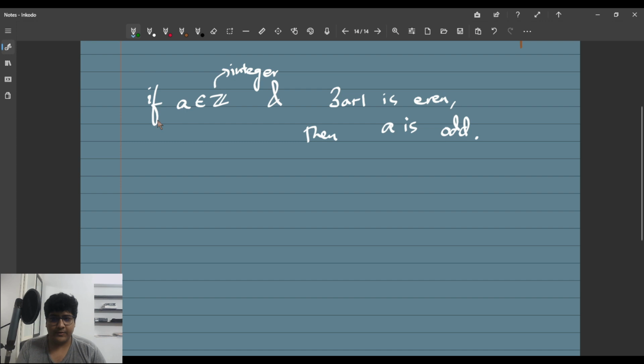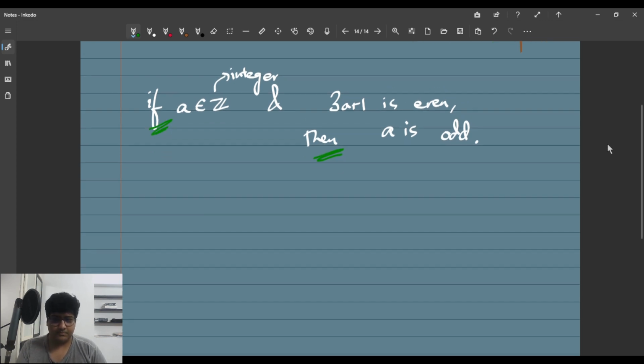So there is an if something happens, then something should happen. This is a statement of P implies Q type.